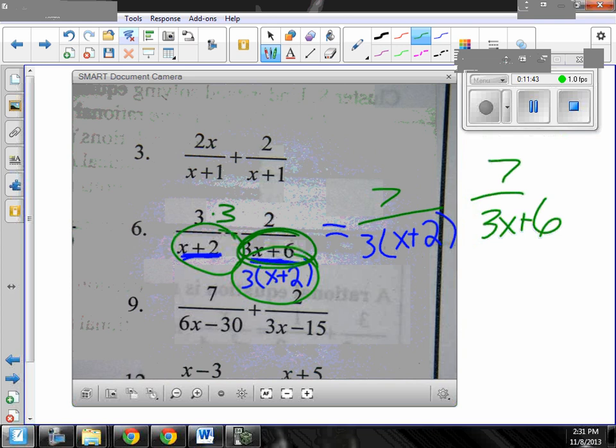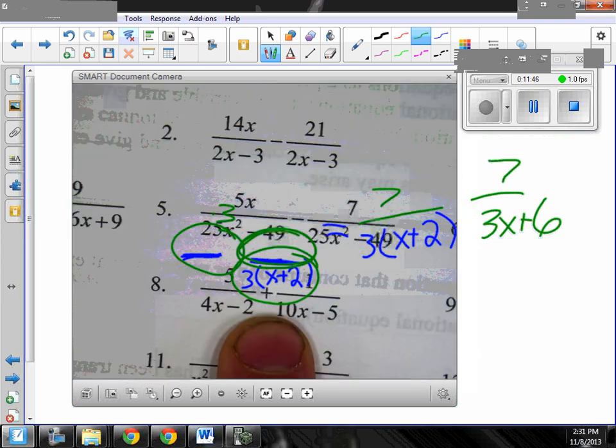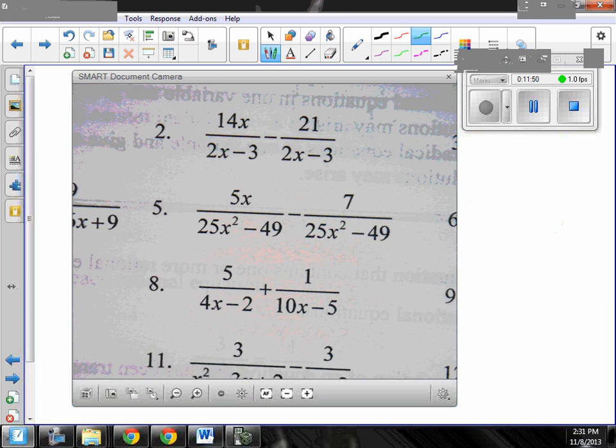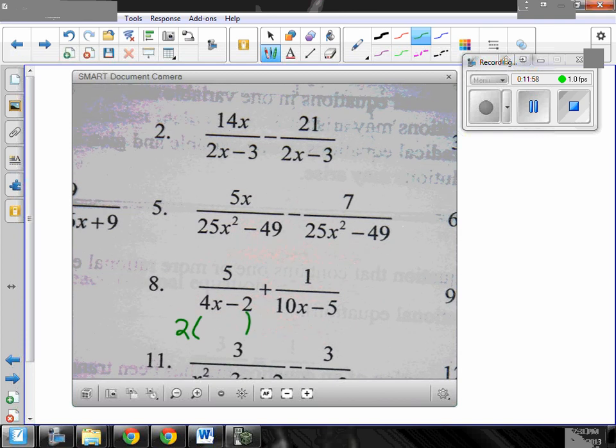Let's do number 8. Can I factor the first denominator? Pull out a 2. What's left? 2x minus 1. Can I factor the second denominator?